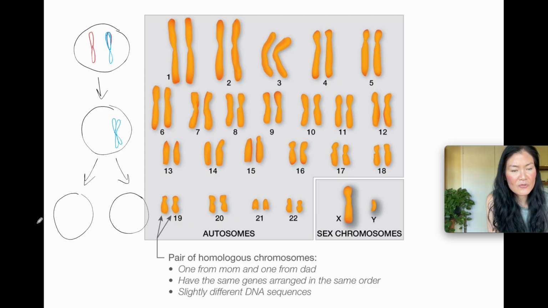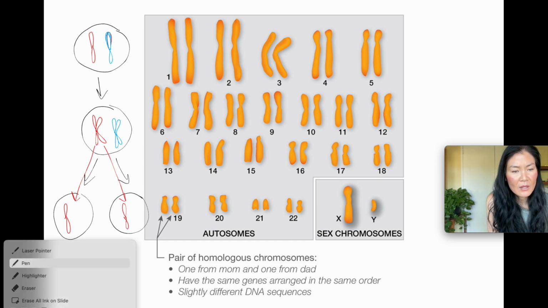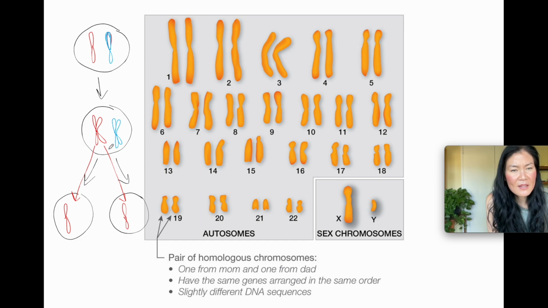I'm using just the traditional colors for mom and dad chromosomes. Then this sister chromatid is going to go into this cell, and this sister chromatid is going to go into this cell. And then this sister chromatid from your dad is going to go here, and this sister chromatid is going to go into this new cell, okay?